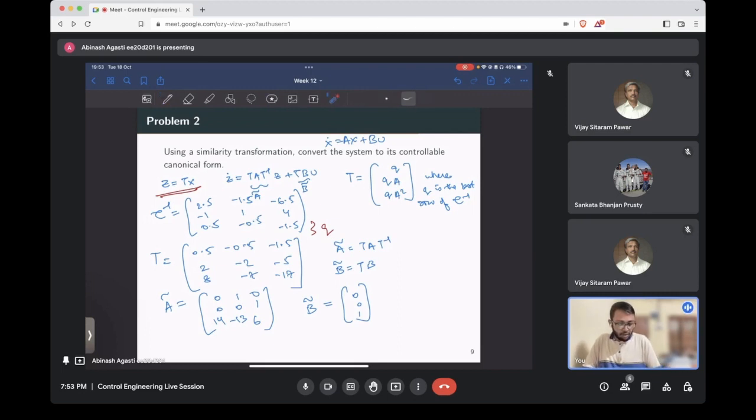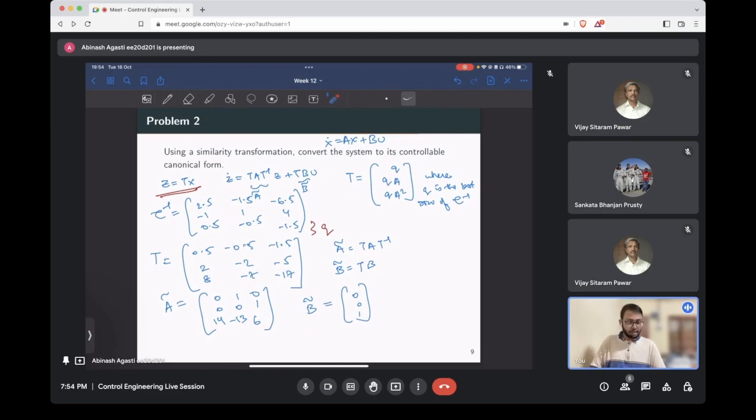So that T is given by this form Q A squared, where Q is the last row of the inverse of the controllability matrix. Okay, so you find this T, then the new matrices of the transformed system are just T A T inverse and T B, which you can see are clearly in the standard controllable canonical format.